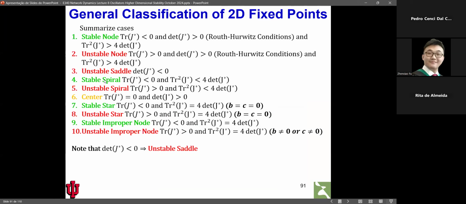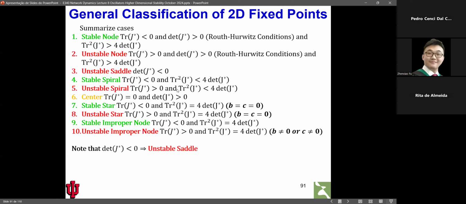Stable or spiral. If you have the spiral, then there is a complex value for these eigenvalues.